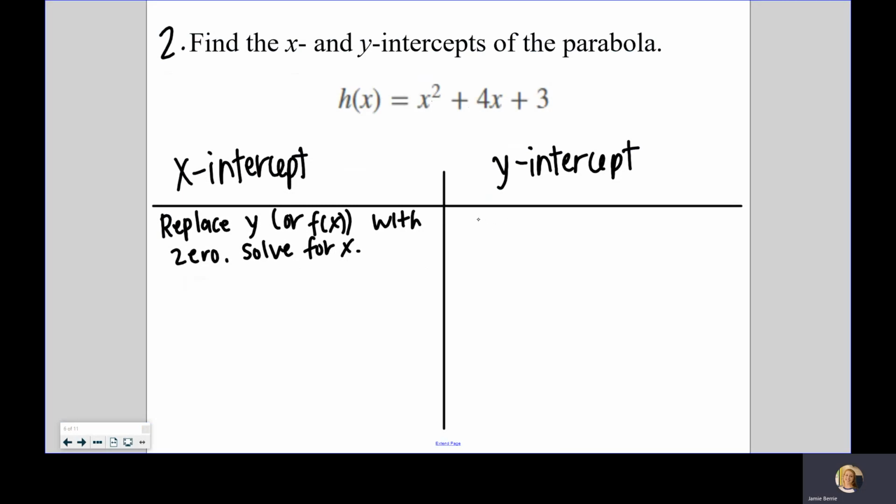And then to find the y-intercept, you just do the opposite. So you replace x with 0, and then solve for y, or f of x.